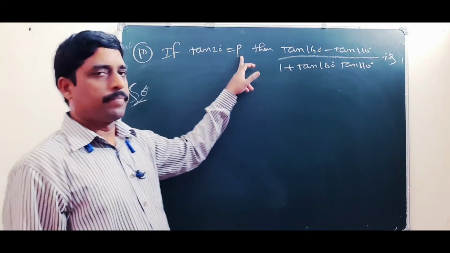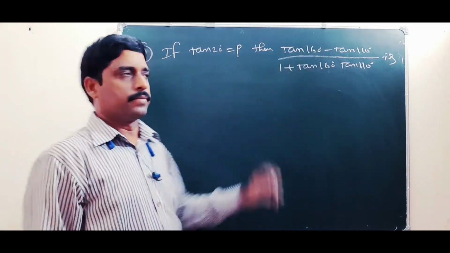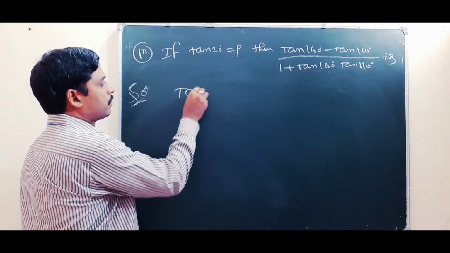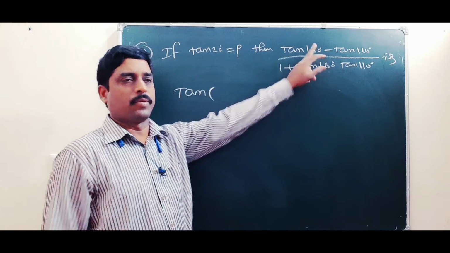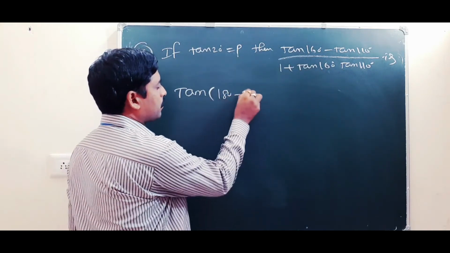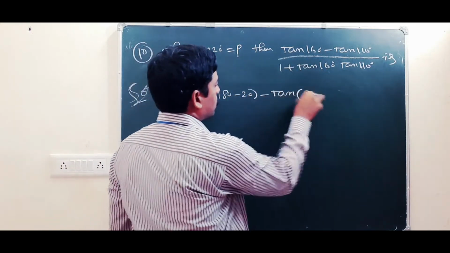Tan 20 value is given as P, and then we have to find this value. Okay, so tan 160. This 160 is written as 180 minus 20, minus tan 110.